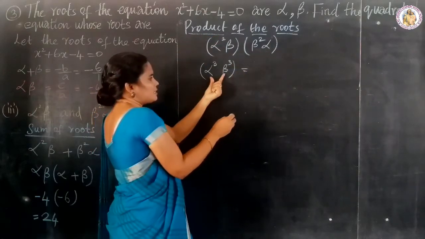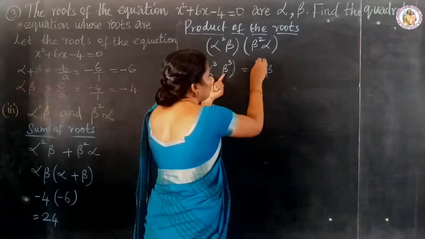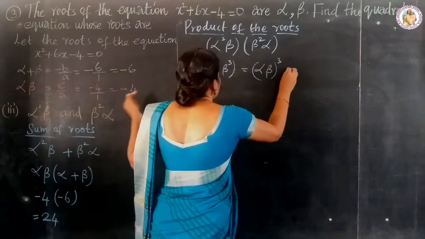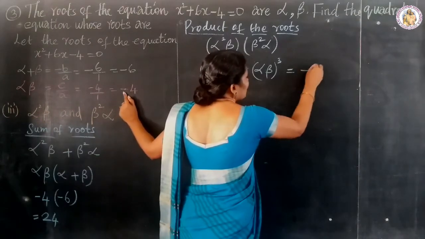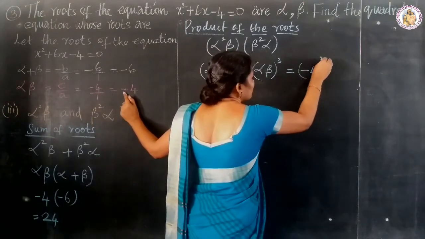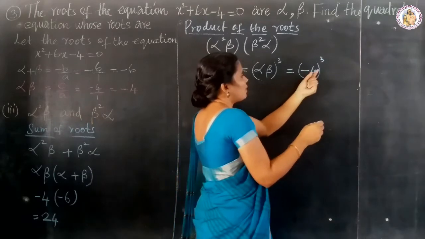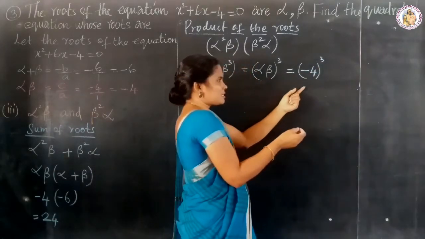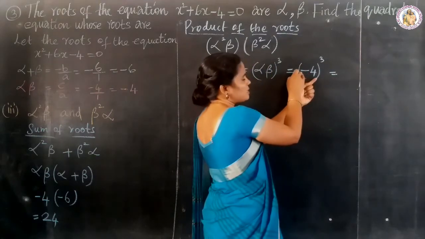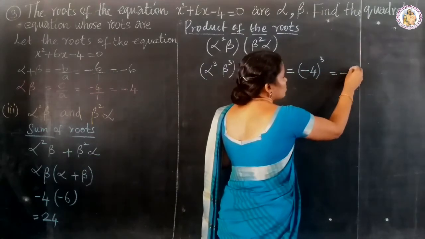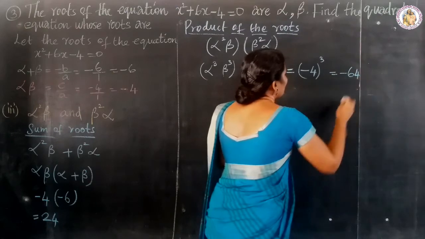Again we can rewrite this as alpha beta whole cube. Now alpha into beta we got -4, so -4 to the power of 3. 4 into 4 is 16, 16 into 4 is 64, minus into minus plus, plus into minus minus, so -64.